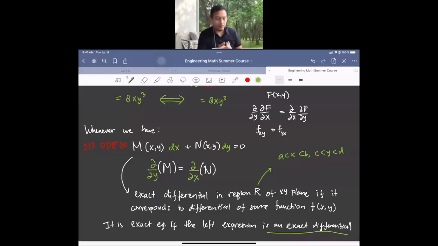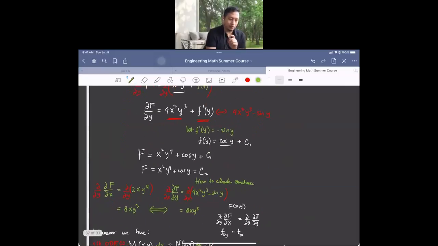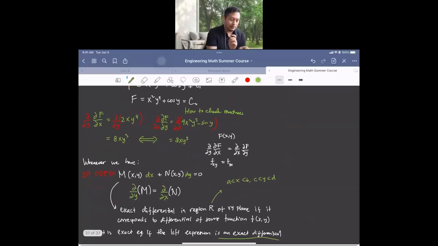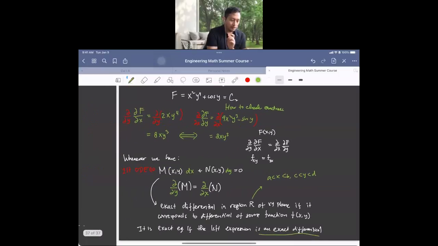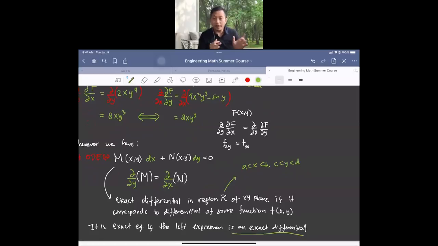Okay, let me give you a more general way to check the method. I just gave you the idea using some functions and some formulas to show what we are going to look for. So this is the form that we are looking for. We have some M of x,y and then dx, and we have N of x,y times dy.